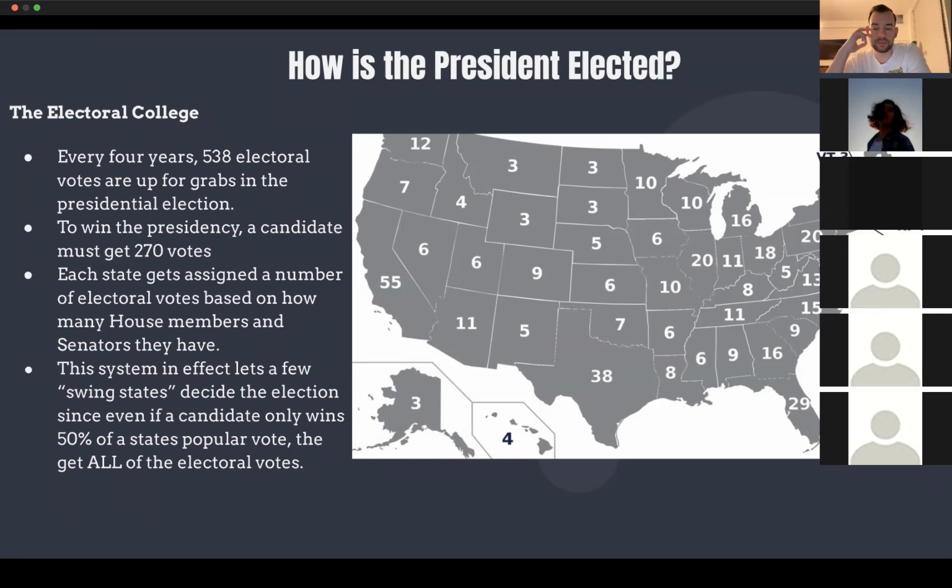How often does the amount of electoral votes a state has change? Great question again. So that changes every 10 years with the census. So we just had the 2020 census, and so the electoral vote numbers are going to look different in the 2024 election than they did in 2020.